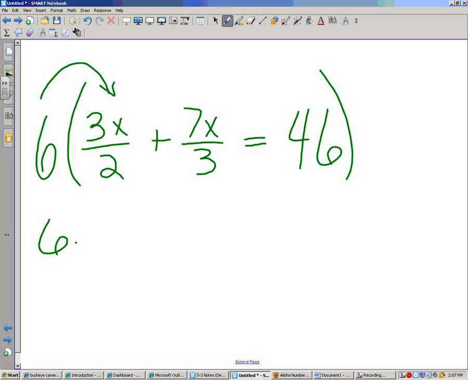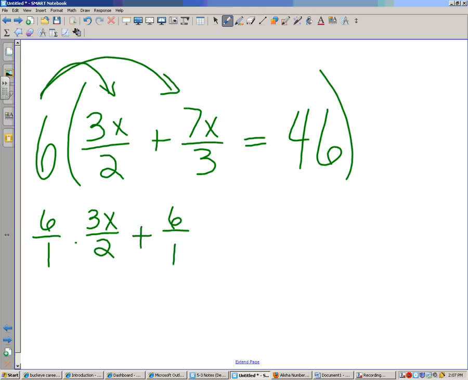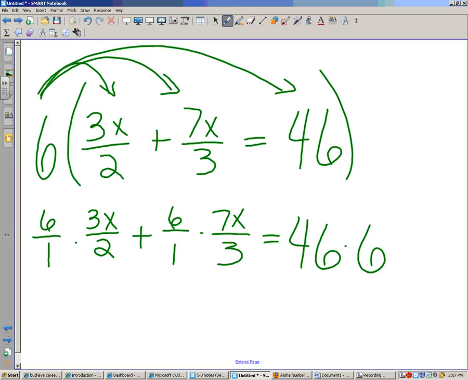6 times 3x over 2, or what can I make that 6 right away so I don't have to do it later? Yeah, 6 over 1. Plus 6 over 1 times 7x over 3 equals, don't forget this part, I'll just leave it like that.